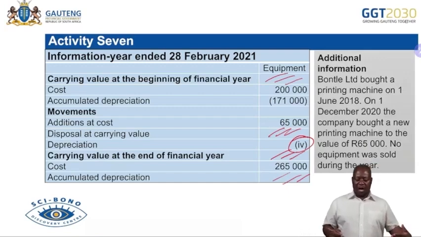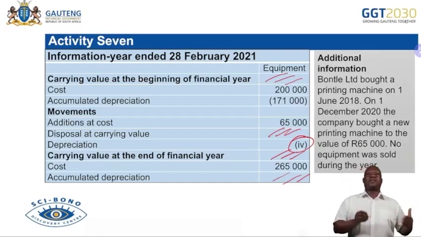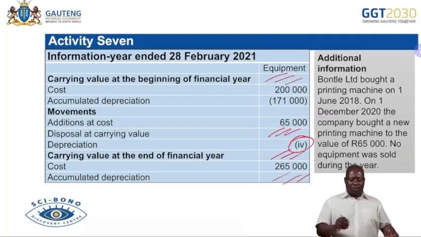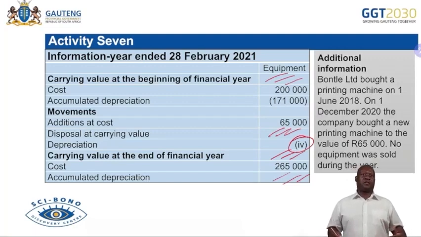So what are we going to do now? We are having old equipment and new equipment. Let's watch carefully. Additional information says, Bontle bought a printing machine on 1 June 2018. We are in 2022. 2018 is a long time back, right?